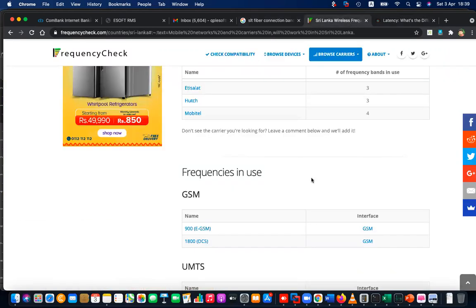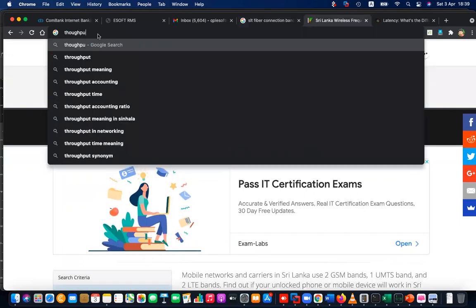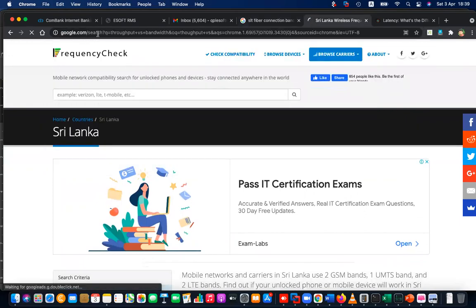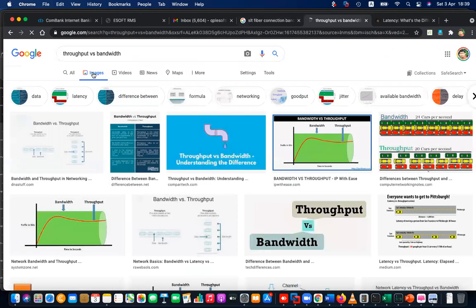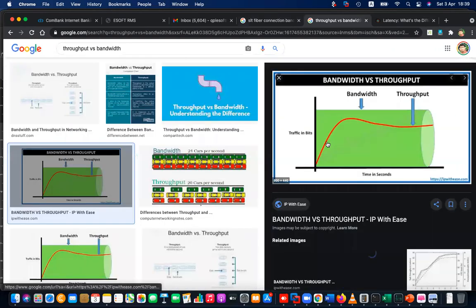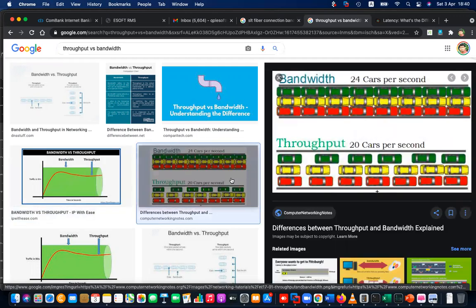Throughput is what is delivered to you. They might have promised you 50, but what is delivered is throughput. This is a very good example, showing the actual figure.